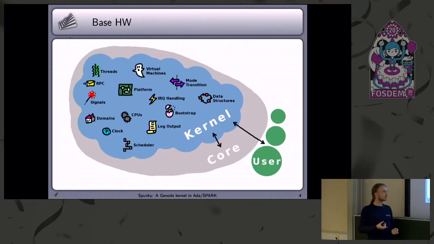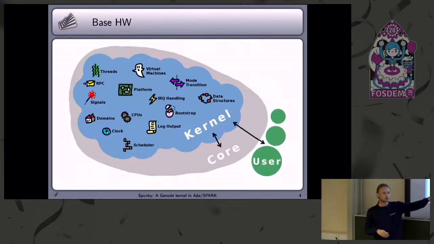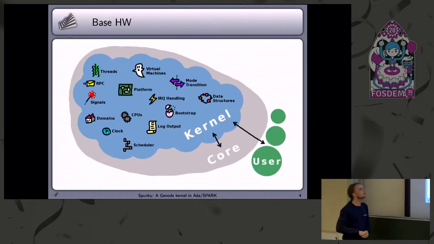The syscall interface is very small, because we wanted to keep things very minimalistic in the base HW kernel. It has like 25 public syscalls to user components and 20 private syscalls that can only call core. So they are for internal operation only.